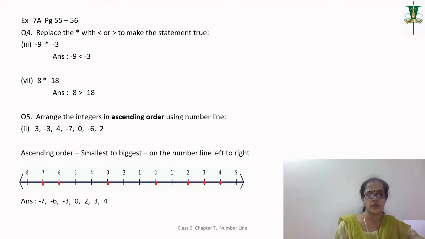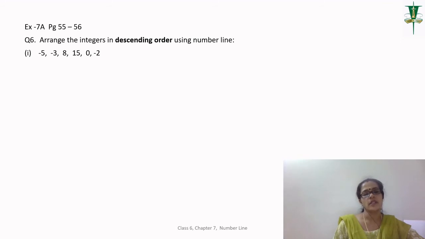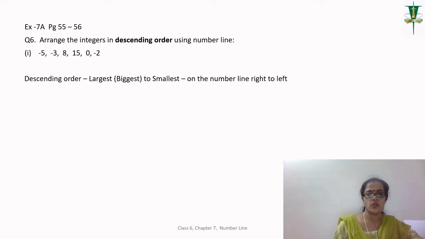I'm sure this one is simple, and so is the next one. Arrange the integers in descending order using the number line. You have been given -5, -3, 8, 15, 0, and -2. Now indicate your numbers on the number line. You remember what descending means, right? Descending means to go down. That means from big to small, or the largest number to the smallest number.